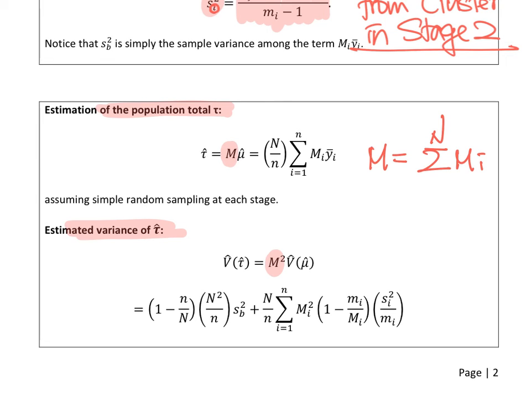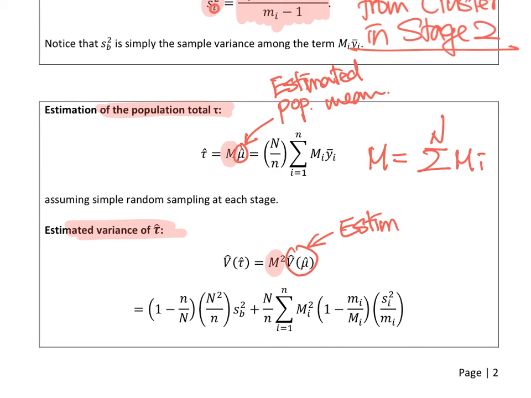So actually it was the estimation for the population mean, the estimated population mean, and this one is the estimated variance for the estimated population mean.